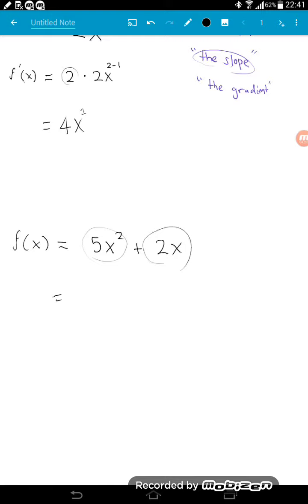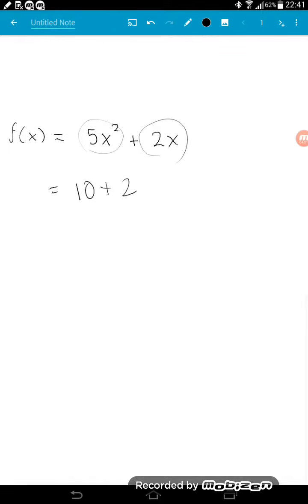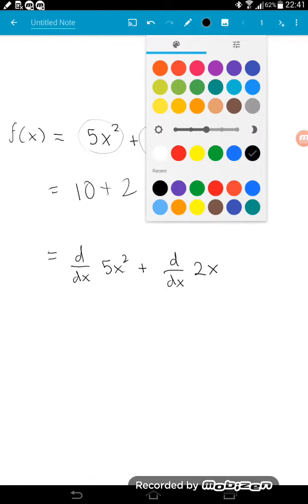You could just do it immediately, like what I do. I already know, I can do it in my head. It's like 10x plus 2. But since you guys are beginners, what you're going to do is just write down the derivative of 5x squared plus the derivative of 2x. So let's do this one by one.